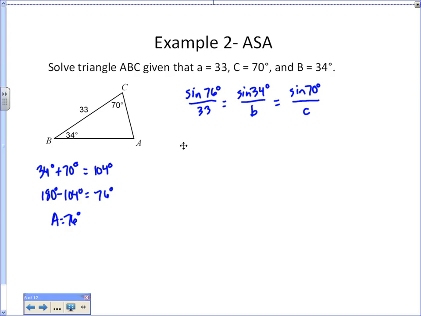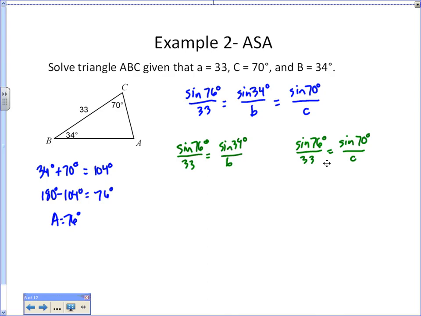My first fraction is the one that's complete, so it's the one I'm going to use twice. Sine of 76 over 33 equals sine of 34 degrees over B, and sine of 76 degrees over 33 equals sine of 70 degrees over C.